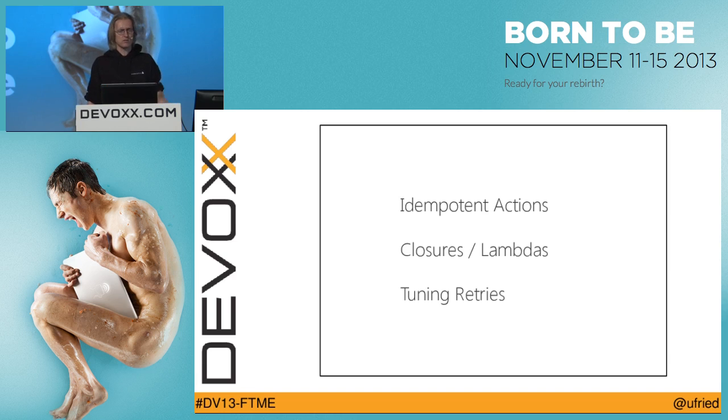Okay, you can also tweak that a little bit. First thing you have to take care about is that you better use idempotent actions for retrying. I mean, as long as you're in a distributed system, you are no longer in a deterministic system, you're in a probabilistic system. So things have a likelihood to work. It's not sure that they're going to work.